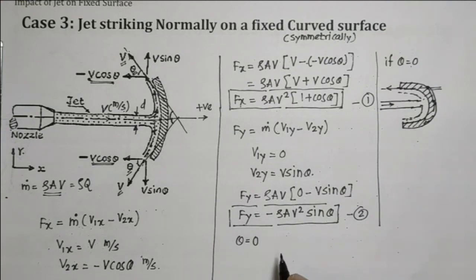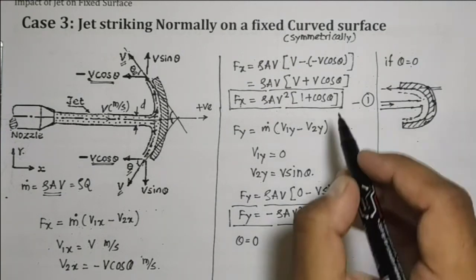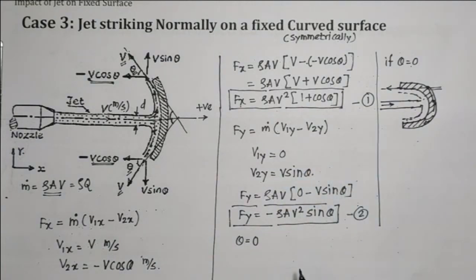So if theta is equal to 0 and we put this value in this equation, we have cos 0 equal to 1. So Fx is equal to rho a v square in bracket 1 plus cos 0, and cos 0 is equal to 1, so 1 plus 1 will become 2, so it will become 2 rho a v square.